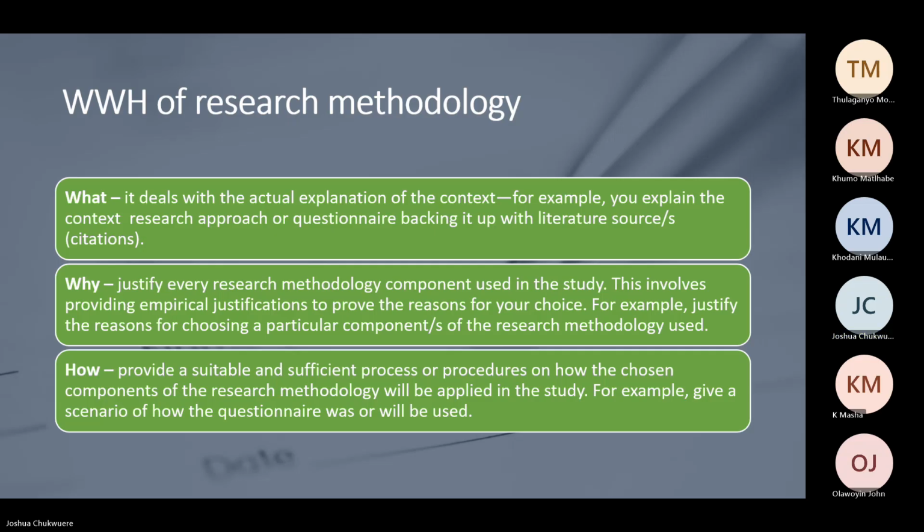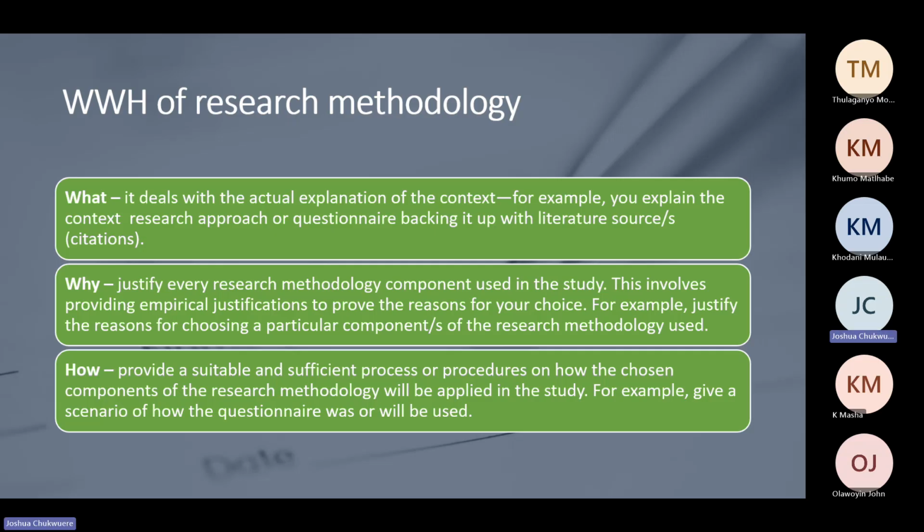Okay, and that should be in every component of your research. So it says justify the reason for choosing a particular component of your research method. How? It says provide a suitable and sufficient process or procedure on how this chosen component of your research methodology will be applied in the study. For example, give a scenario on how the questionnaire was or will be used.